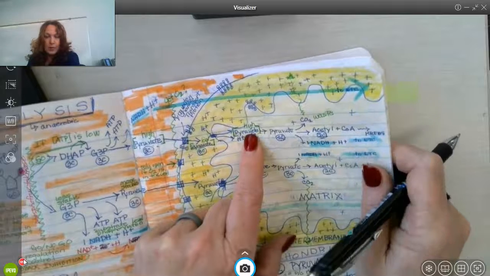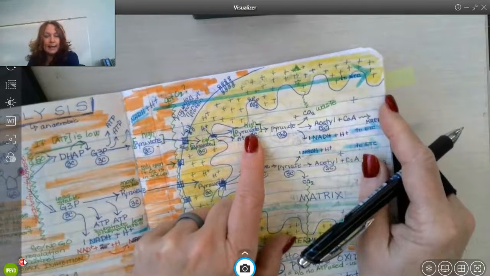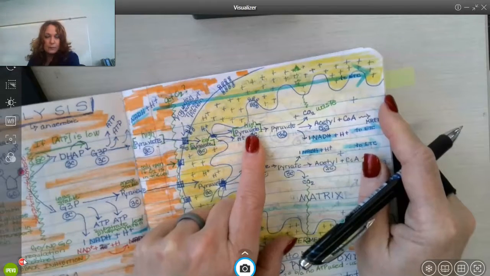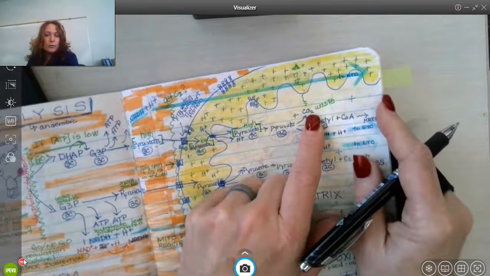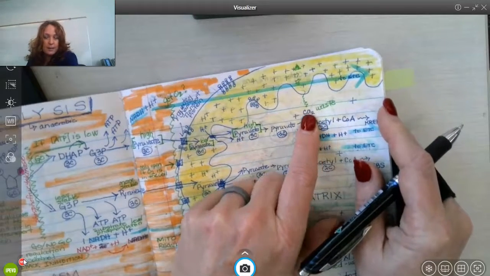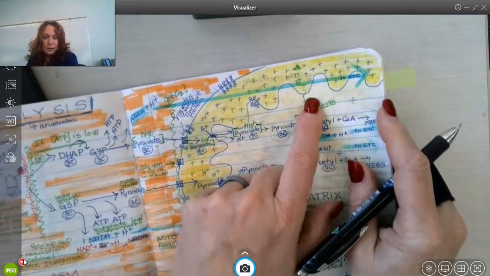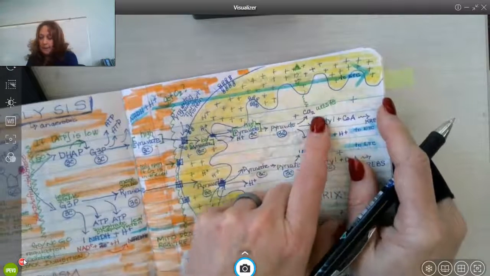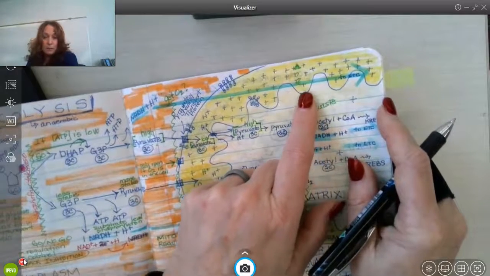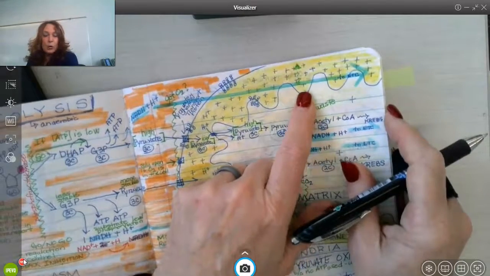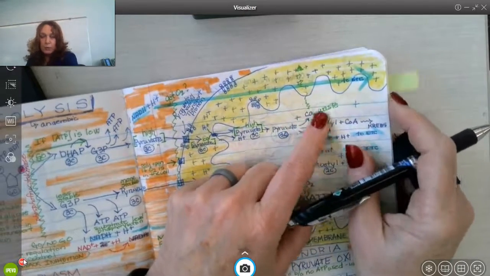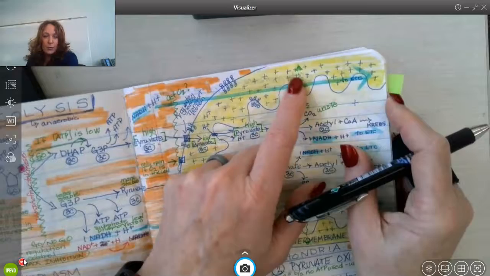So we start with pyruvate. Now we start snapping the carbons off. We're going to take a 3-carbon pyruvate, remove 1 carbon, and it's going to be removed as carbon dioxide, which can move according to its concentration gradient, and it has no problem because it's nonpolar, passing and diffusing through any of these membranes.